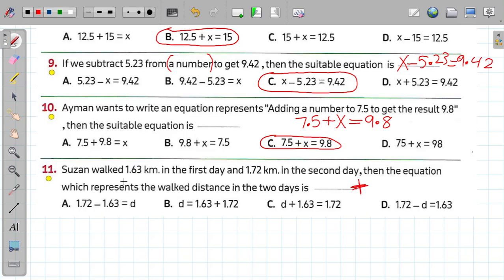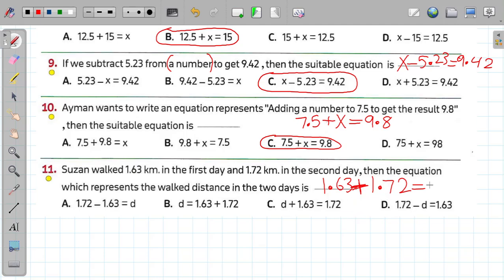Okay, the first one was 1.63 kilometers, so I will write 1.63. And the second distance is 1.72 kilometers, so I will write 1.72. And after that, I will write equals because I want the sum, I want the total, and I want an equation. So I will represent the walked distance as a variable, like here, I want to represent it with d.